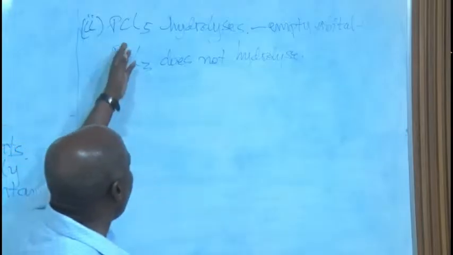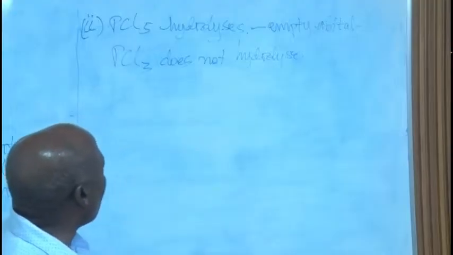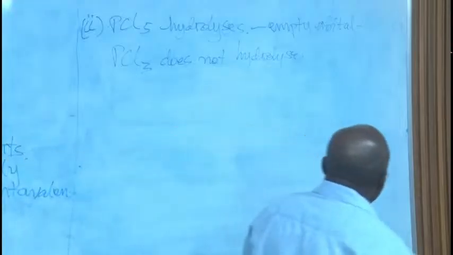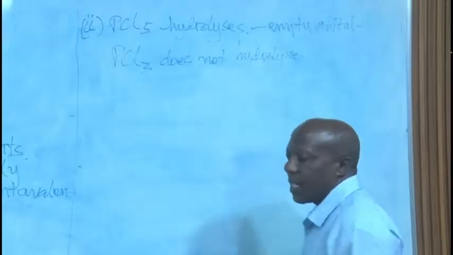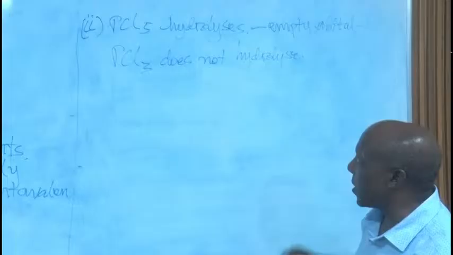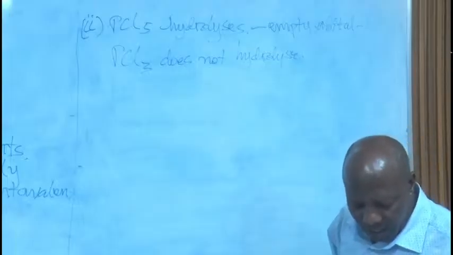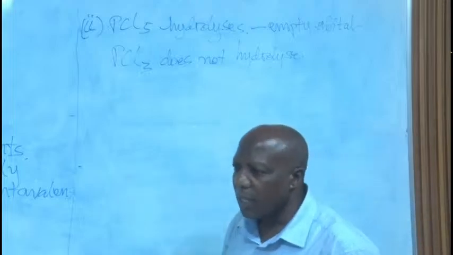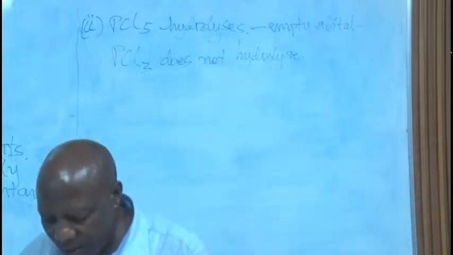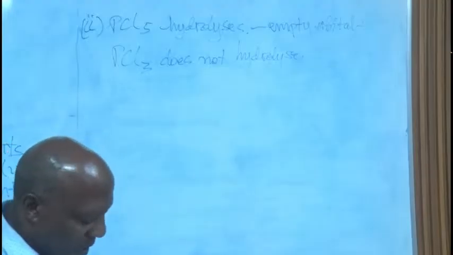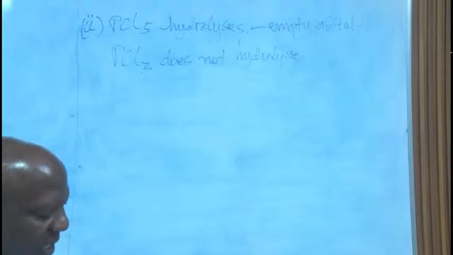When you draw the structure of phosphorus pentachloride, you find that one of phosphorus's orbitals is empty and can accommodate a lone pair of electrons from water, and thus it reacts with the water. While in phosphorus trichloride there is no empty orbital. That is why phosphorus trichloride does not hydrolyze.